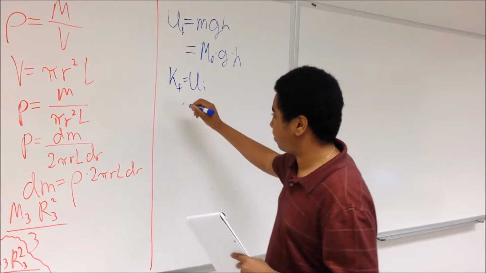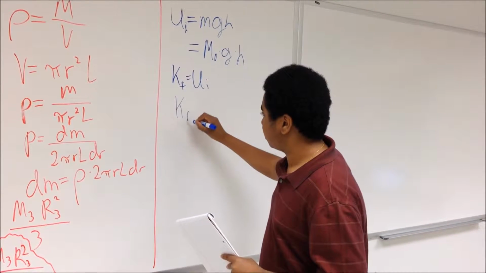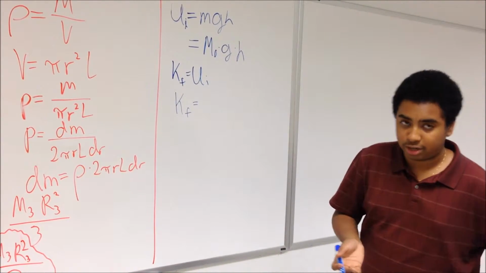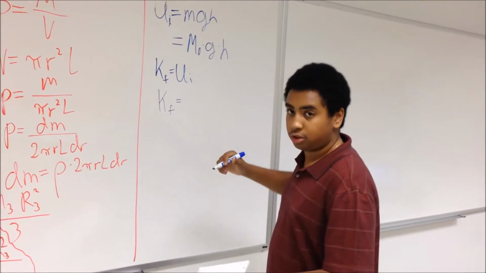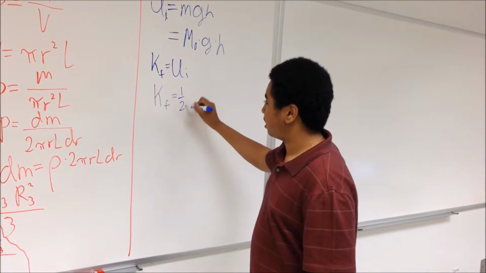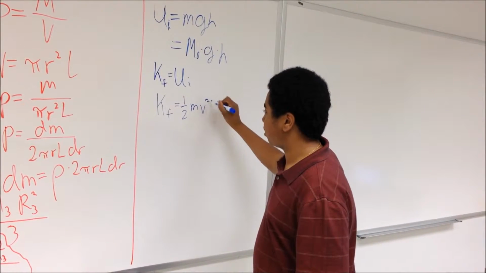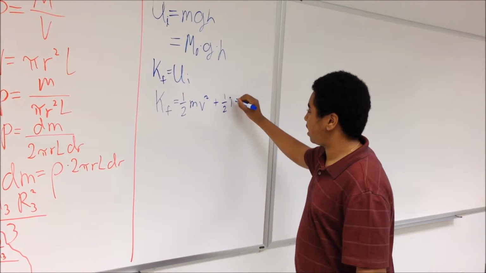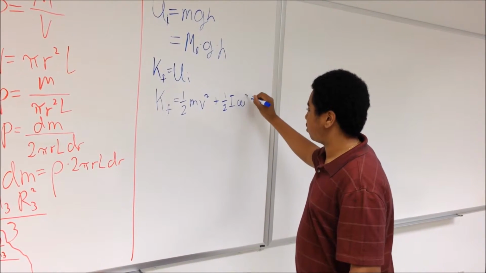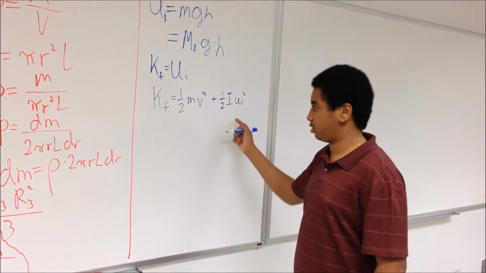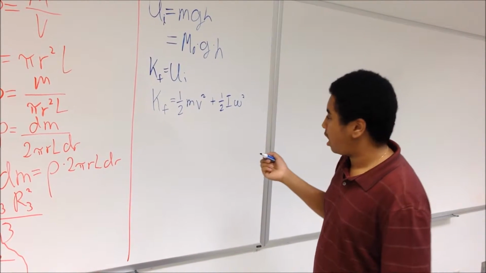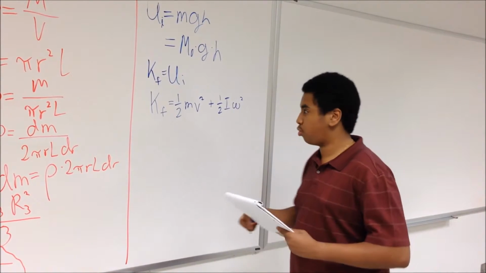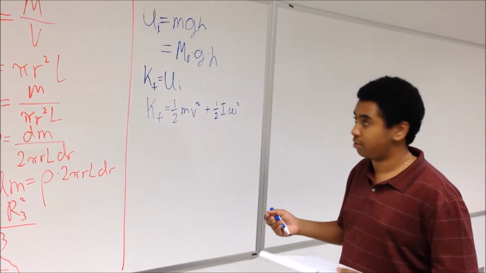So the kinetic energy final is going to be equal to the sum of the translational and rotational components. The translational component is half times mass times velocity squared, and the rotational component is going to be half times I times omega squared, where omega is the rotational velocity, so they're analogs for each other. This is a little weird, because in order to find this, you have to think about it as a free body diagram.